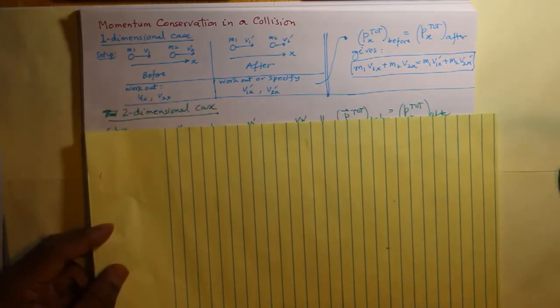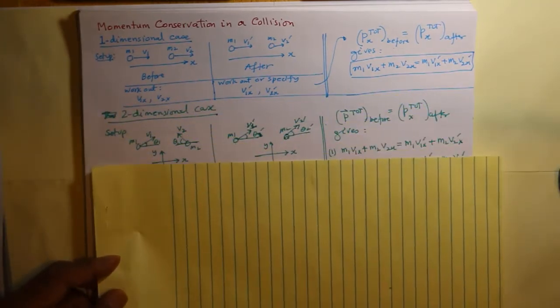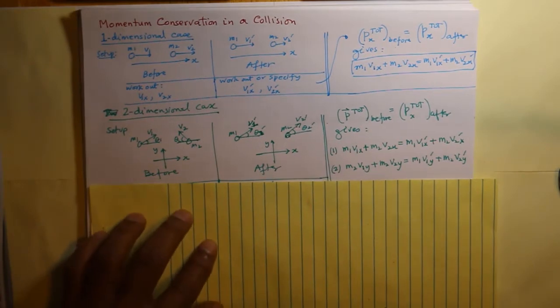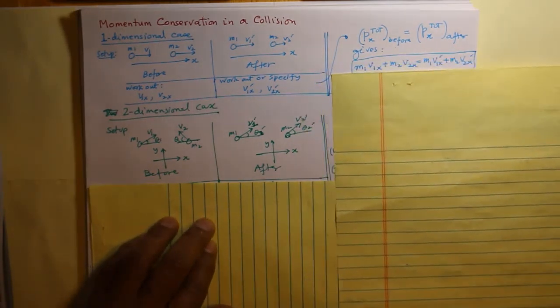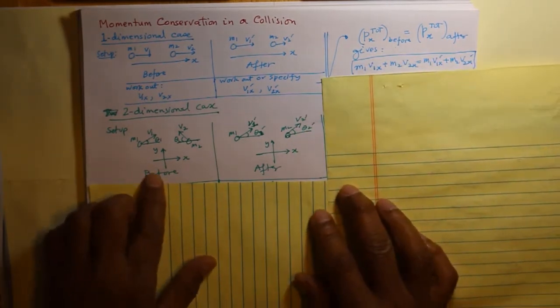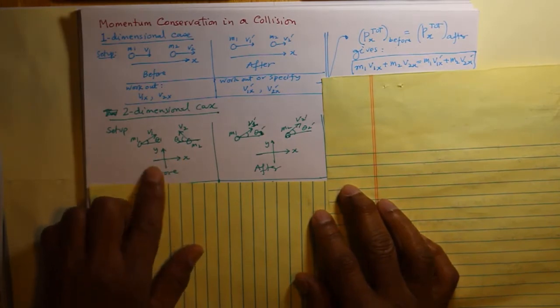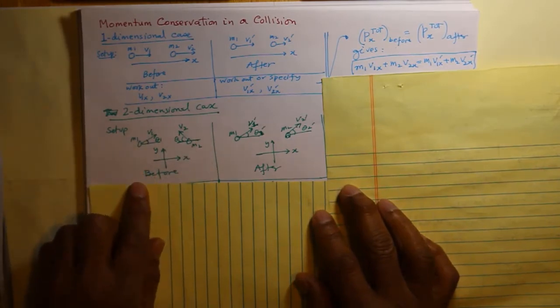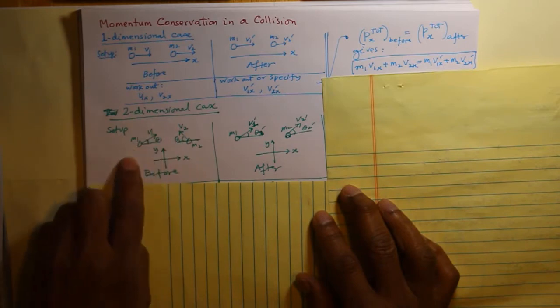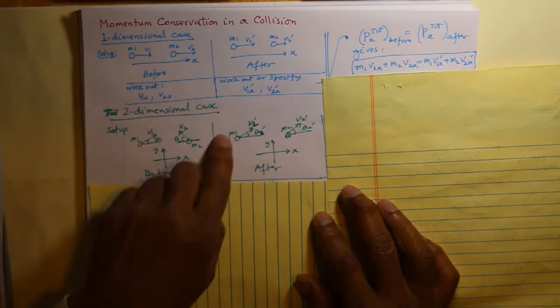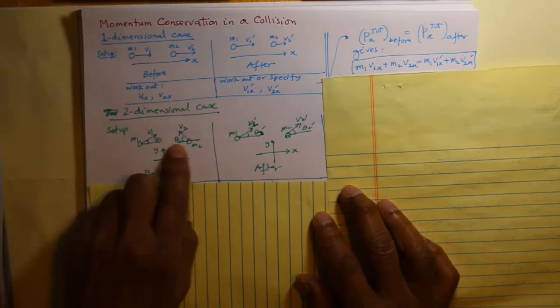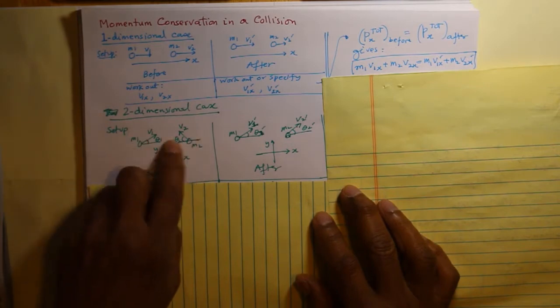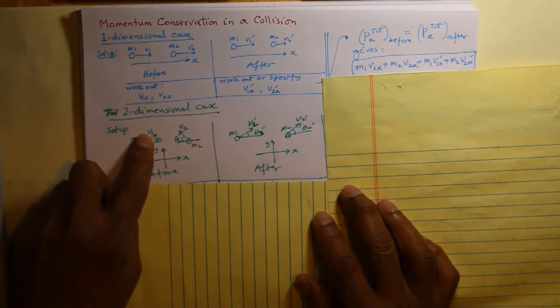In the two-dimensional case, the setup is a little bit more complicated, and there you need both x and y axes. If this whole thing is happening in the xy plane, what is the situation for before and what are the symbols for the after? You might be working with the component names rather than angles and speed.